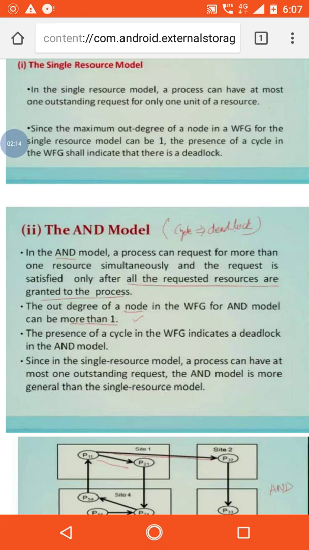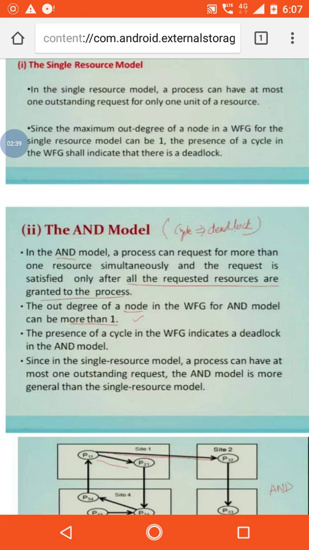A single process sends a request to more than one resource, that may be 2, 3 or many, simultaneously.